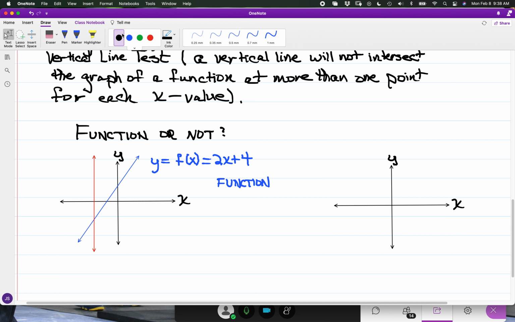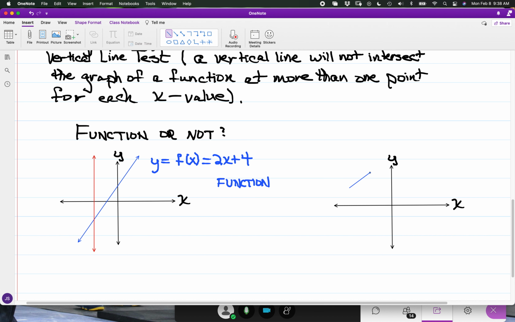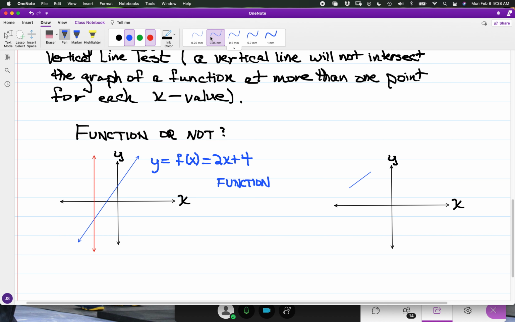Let's take something that's not as explicit as y equals 2x plus 4. I can have a graph that is split up.